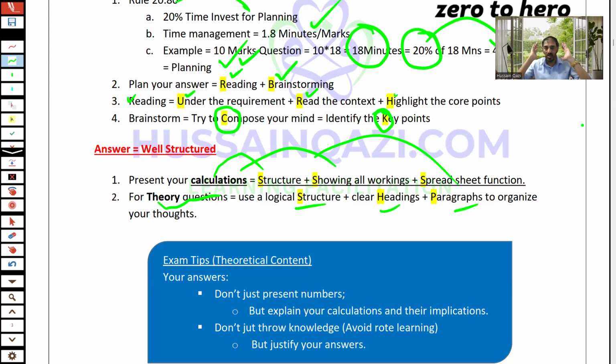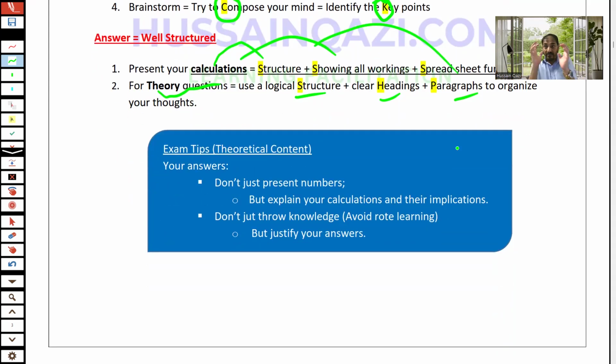Headed answers. Logical structure means first knowledge, then application, and organize your thoughts and write in paragraphs. That's a point, some very important points.